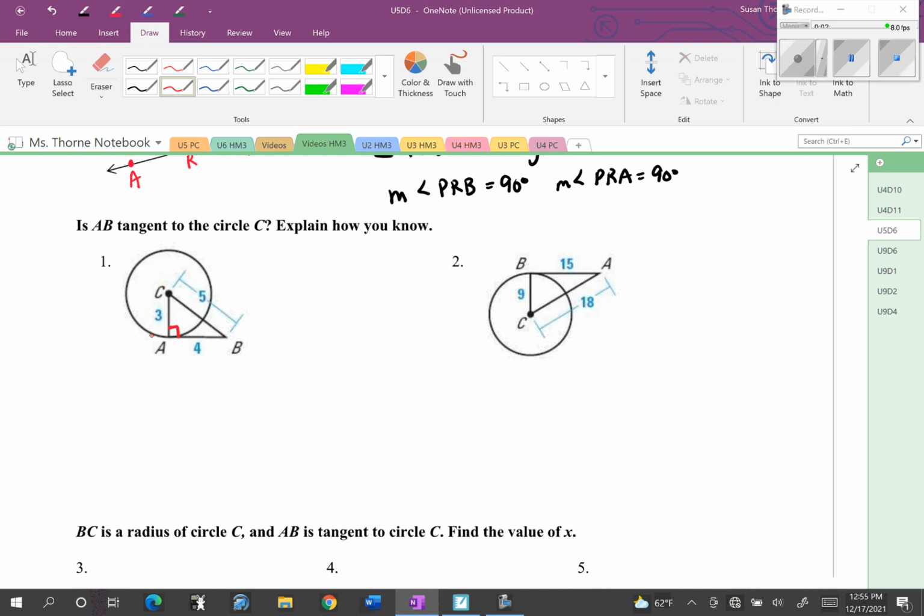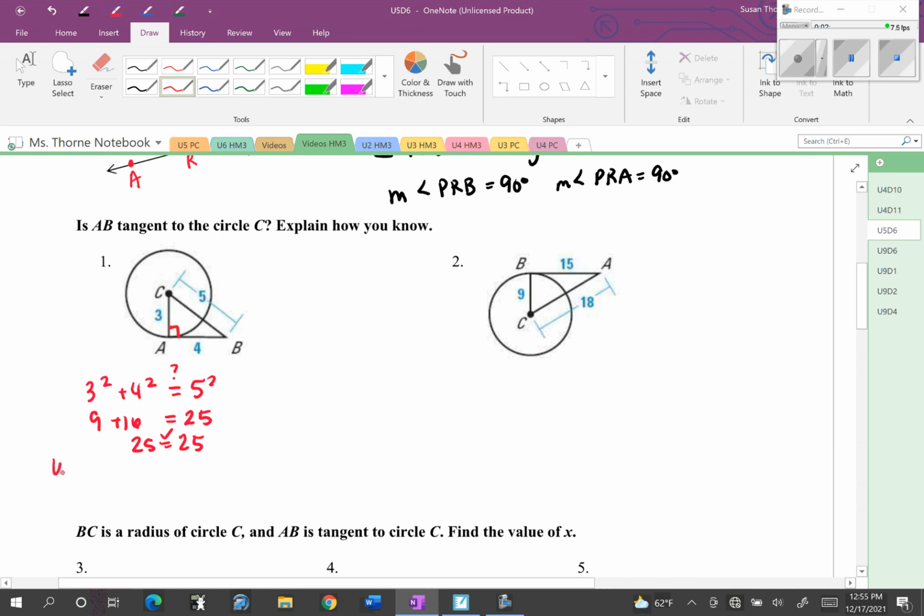And so we're going to do 3 squared plus 4 squared should be equal to 5 squared. So we're just trying to figure out, is that true? So 3 squared is 9 plus 16 equals 25. So 25 equals 25. And that checks out then.